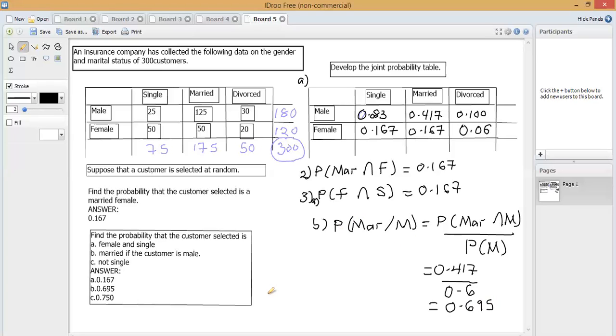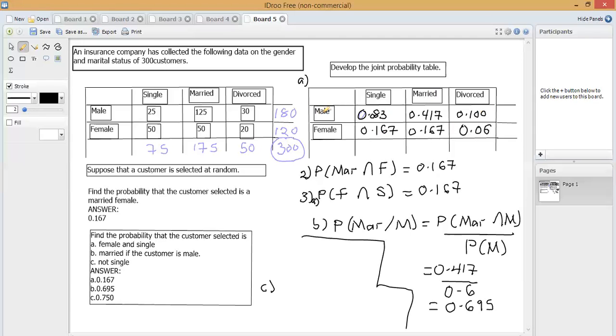Now let's come to C. Find the probability that the customer is not single. Right. So let's check the probability of getting a single. This is the single column, married column, divorce column.